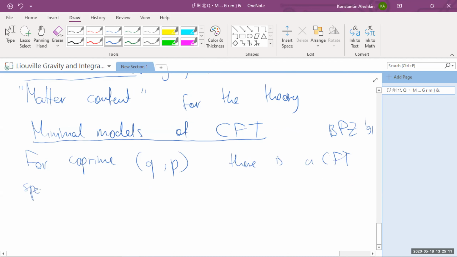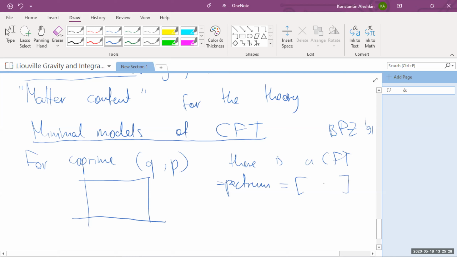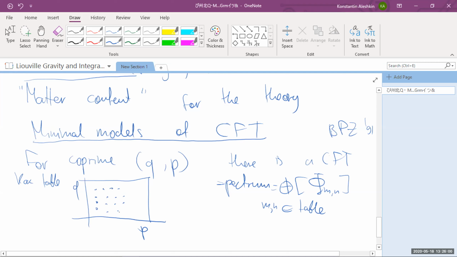And the spectrum is discrete: a discrete sum of Virasoro representations M_n inside the table. This table is called the Kac table. It's a table of size P times Q, and we count integer points inside. Each point inside the table corresponds to Virasoro representations.